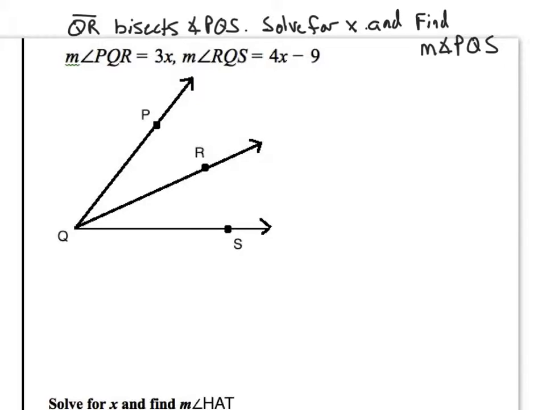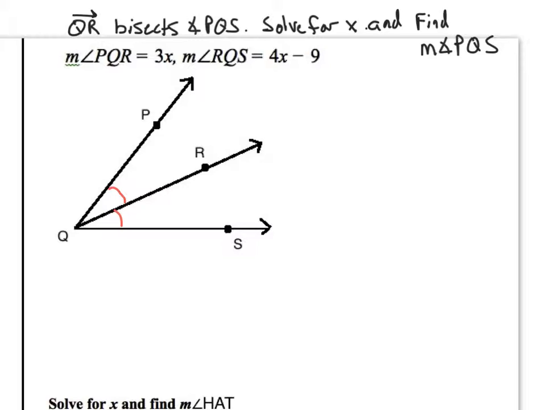So, taking a look at this example, ray QR bisects angle PQS. Solve for x and find the measure of angle PQS. So, if our ray bisects the angle, we've talked about an angle bisector, that means that it is dividing that big angle into two congruent angles.